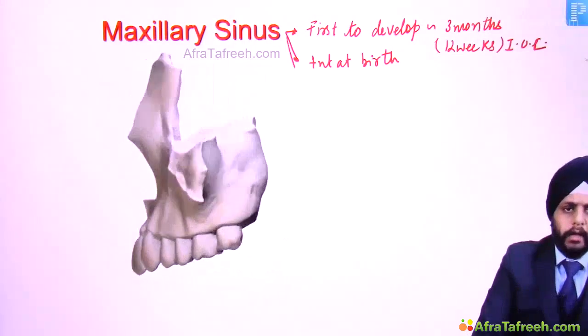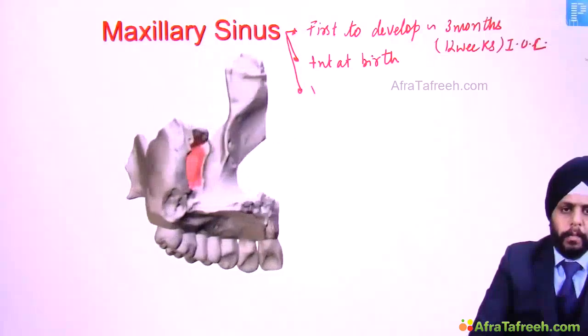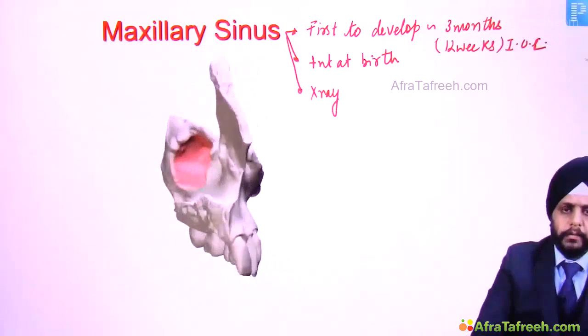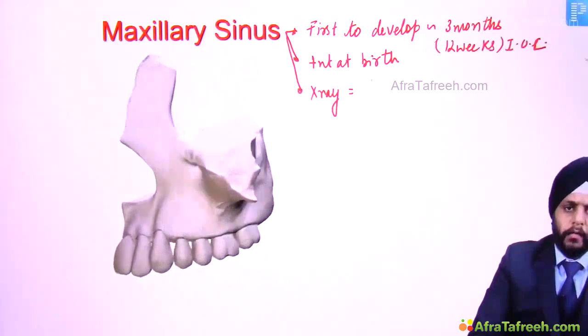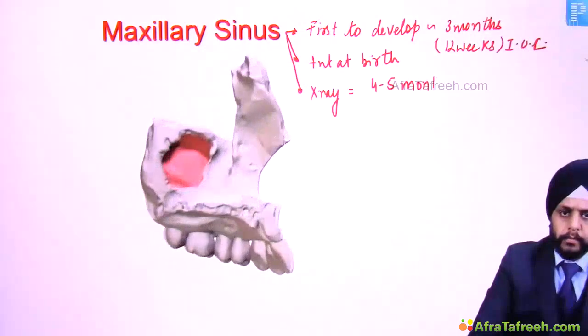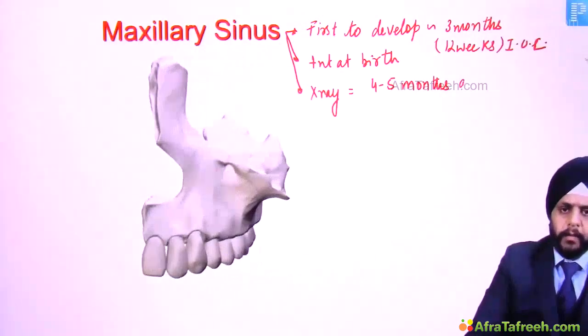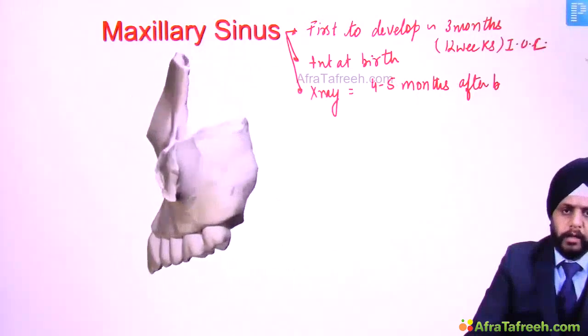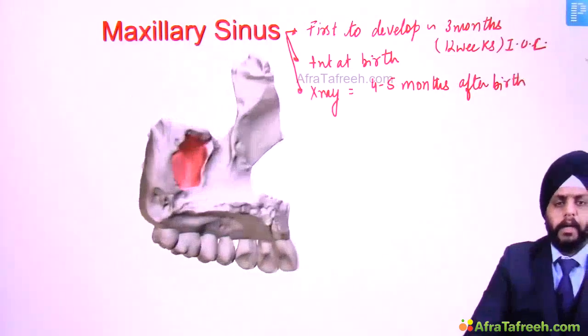And this sinus can be seen on a plain X-ray by 4 to 5 months of age. So 4 to 5 months after birth, you can see this sinus on a plain X-ray also.